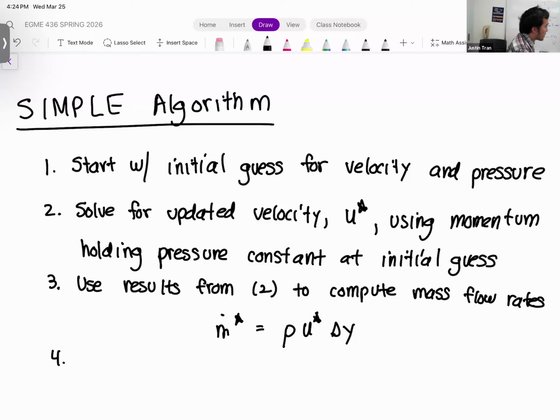That's going to go on the right-hand side of our pressure correction equation, right? So we basically need to know the error in our mass flow rates, and that's what's going to get it for us. Step 4 is to use the result from part 3, the error in the mass flow rates, and plug that into our pressure correction equation.